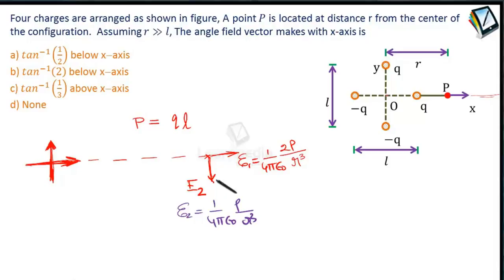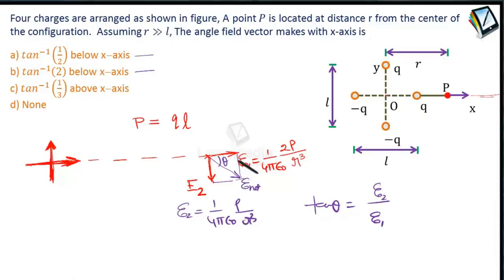So the net resultant field will be the resultant of these two vectors. So here is the resultant field which makes an angle, suppose theta, with the horizontal. This is the net field. Below the x-axis is the choice, so this one and this one are the only possible options. So tan theta, here you can see, is E2 divided by E1, because this is E2.